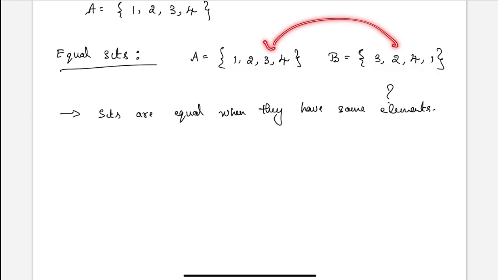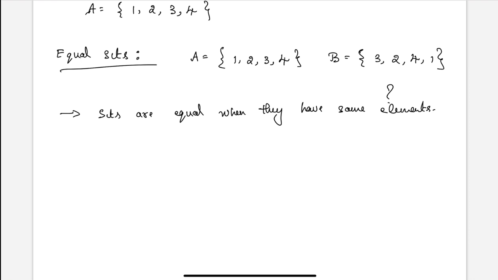We are just collecting the elements. Here also we are collecting 1, 2, 3, 4, and here also we are collecting 1, 2, 3, 4. Therefore both sets are equal. Two sets are said to be equal when they have the same elements.